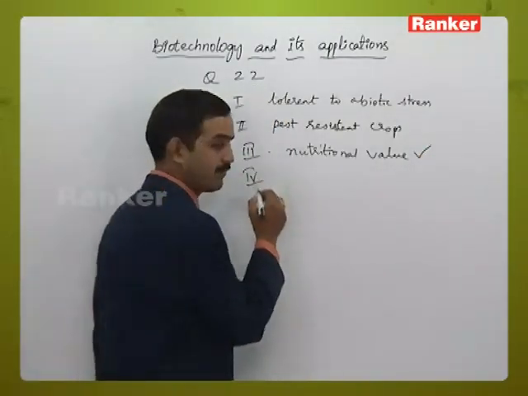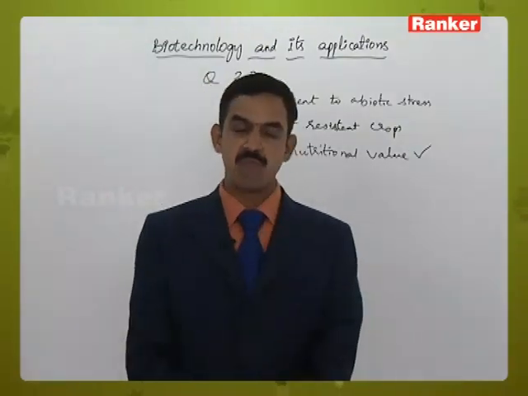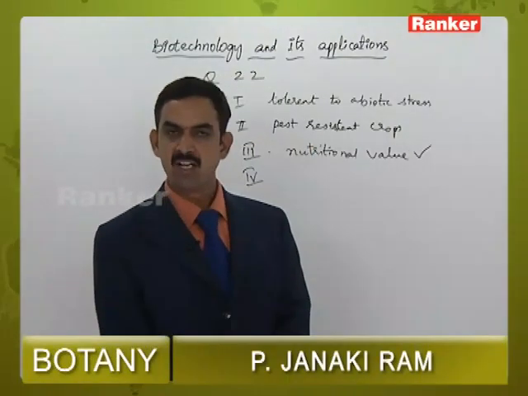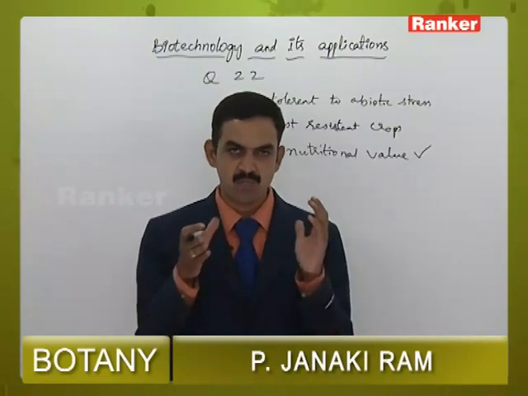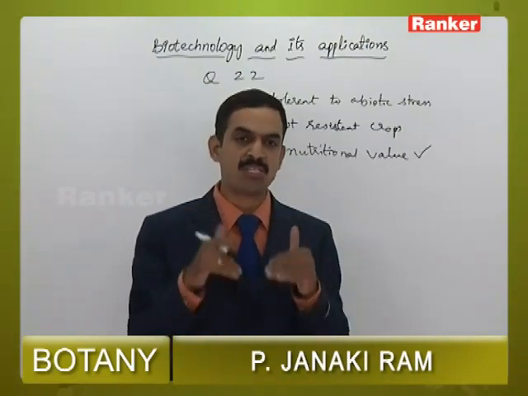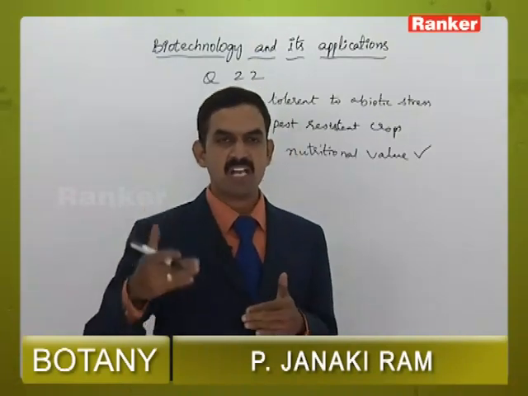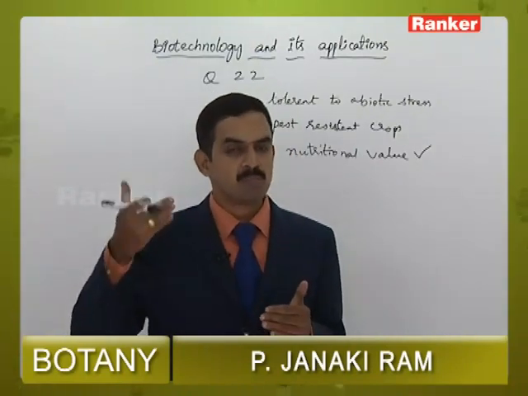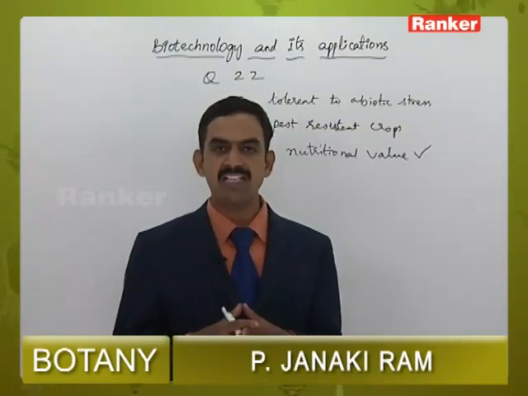Then fourth one, increase in the efficiency of mineral usage. Of course, plants will utilize the minerals present in the soil, but up to which efficiency of usage is also very important. That is, up to which level the plants are able to absorb all the nutrients available in the soil.